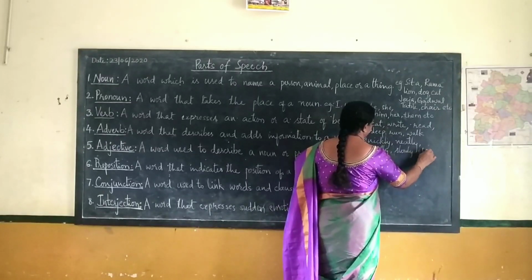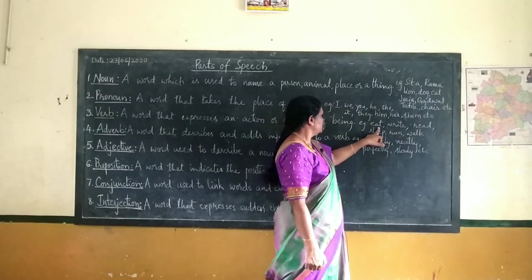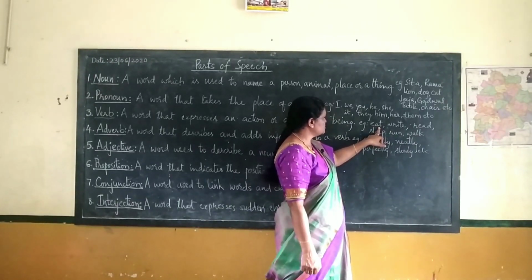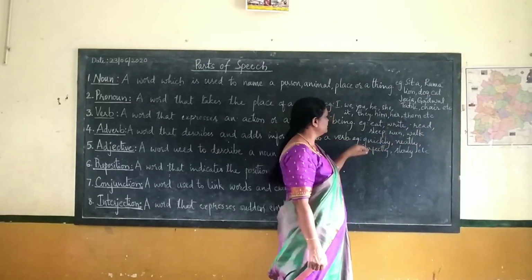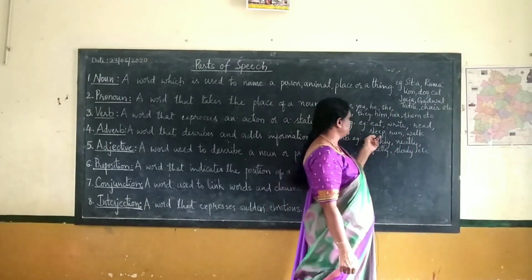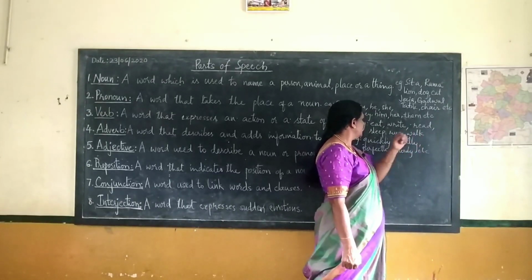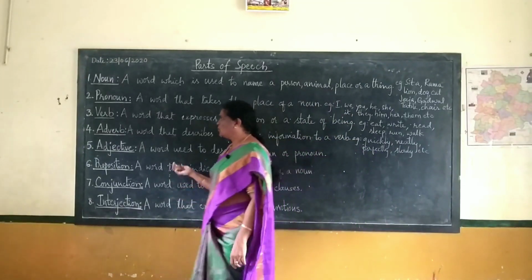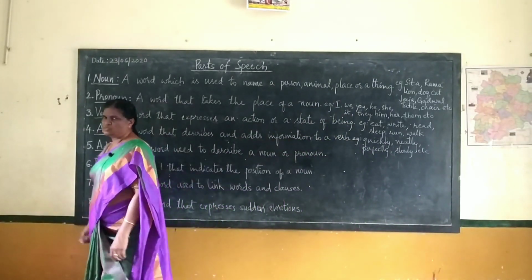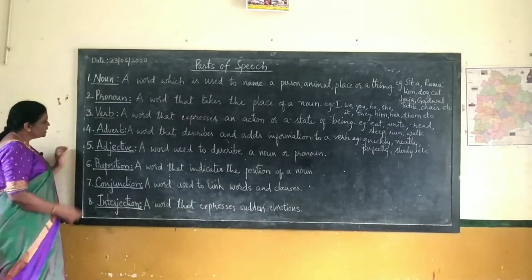See, he eats fast, he writes neatly, he reads perfectly, he sleeps well, he runs slowly, he walks perfectly or quickly, like that. So these are all the adverbs.